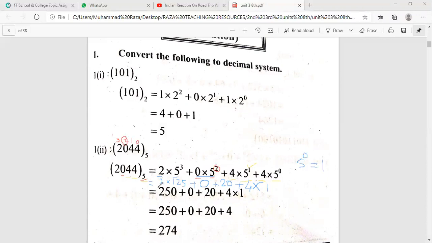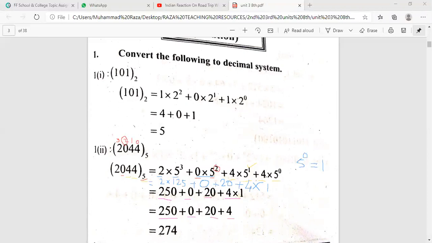So when we multiply 2 with 125, we get 250. So we get 250, then we write 0, 20, and 4 multiply 1. 250, 0, 20, and 4.